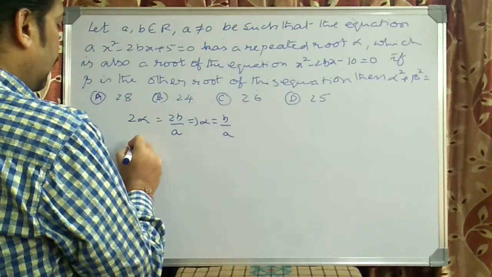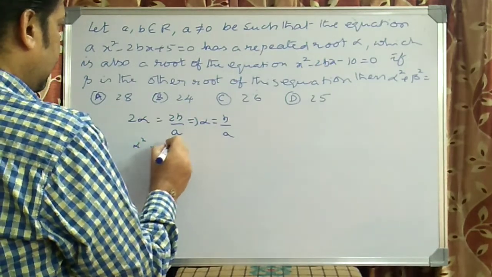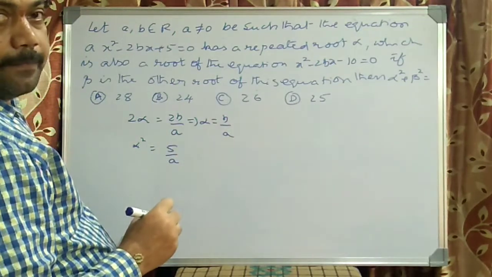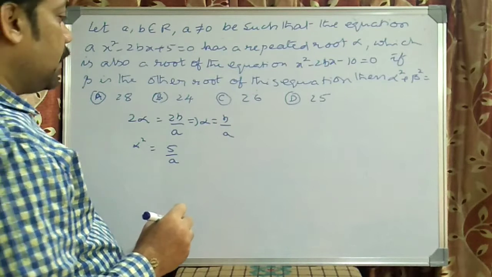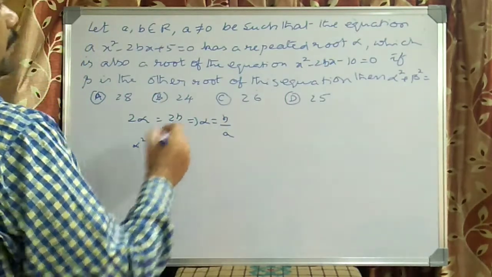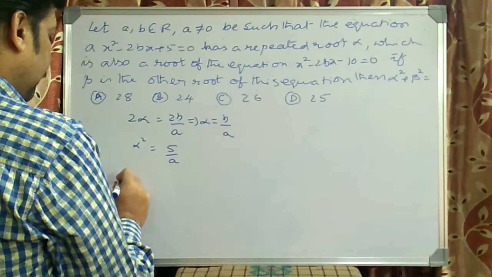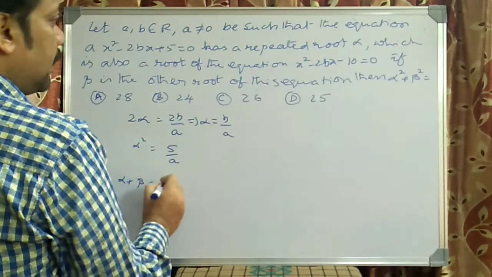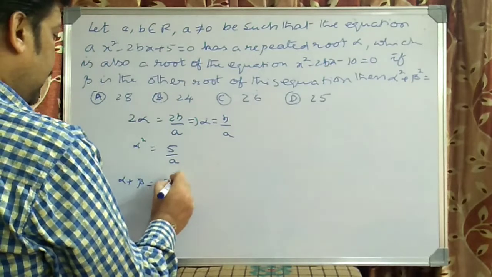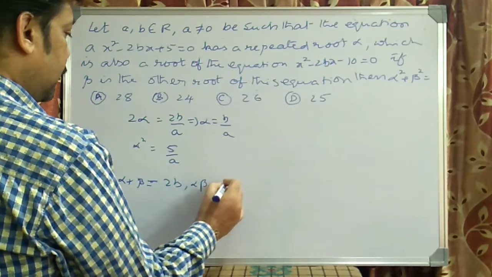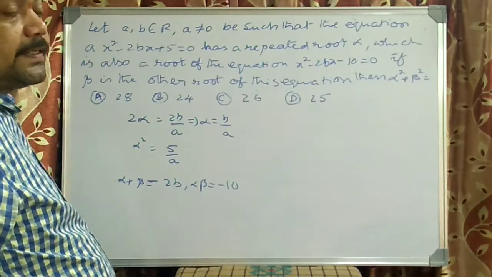Also alpha square is equal to 5 by a, the product of the roots. Now we have the second equation, that is alpha plus beta is equal to 2b and alpha beta is equal to minus 10.